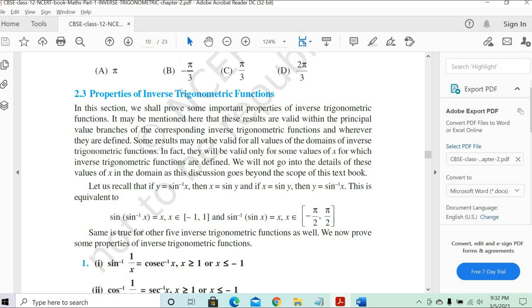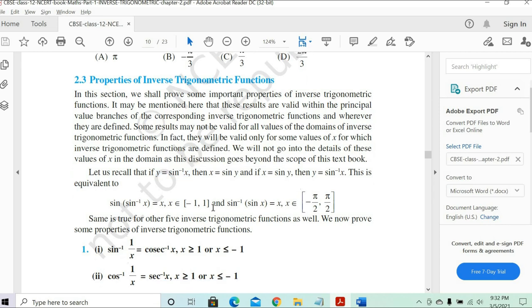So this property means we will just try to understand using sine of sine inverse x, and what happens to sine inverse of sine x. Okay, so let's just write it down. y is equal to sine inverse x. Then you can transpose the sine inverse.